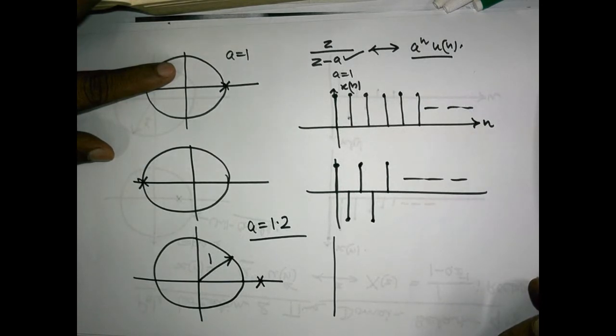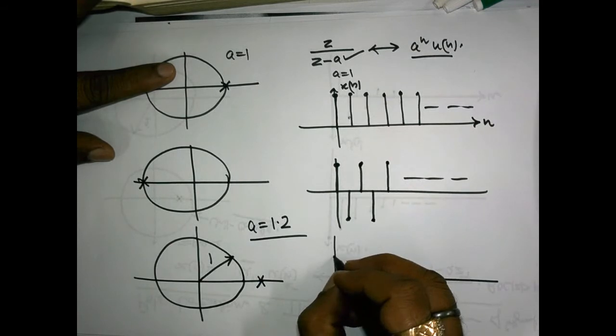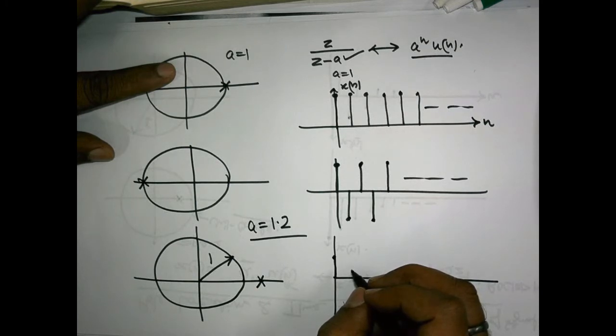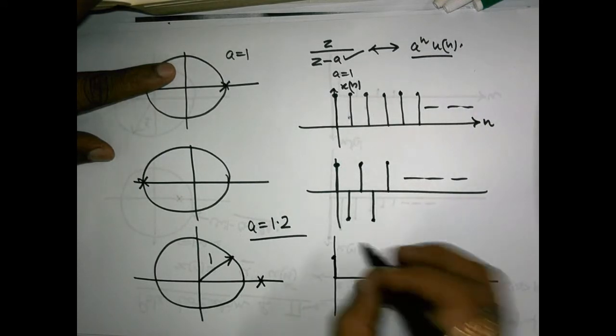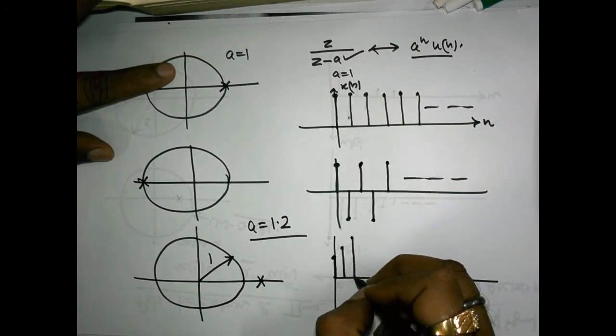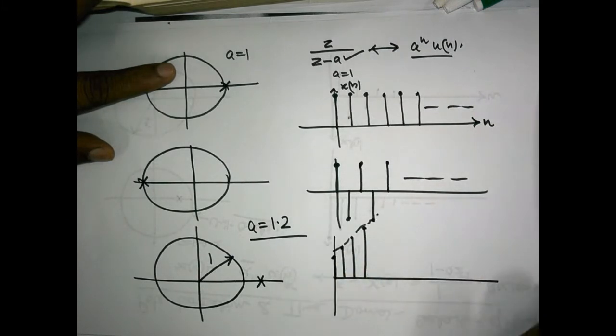The very first value will be 1.2 to the power 0, which is 1. Then the second value will be 1.2, then 1.2 square, 1.2 cube. This means it will grow exponentially.